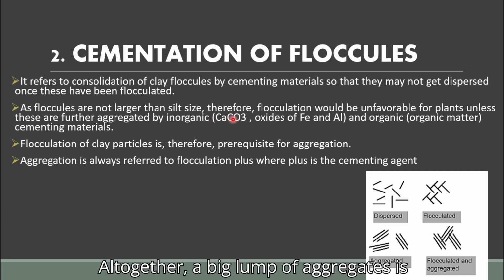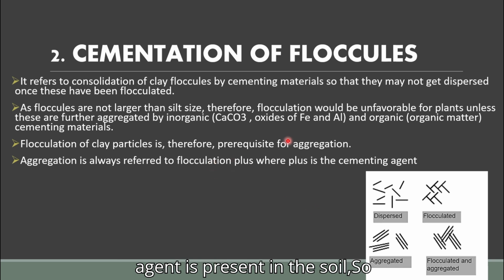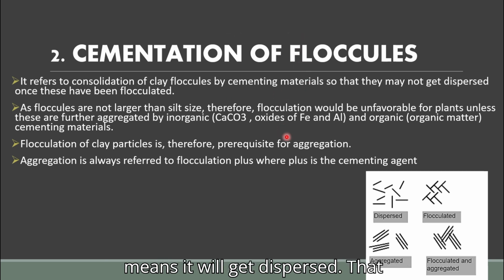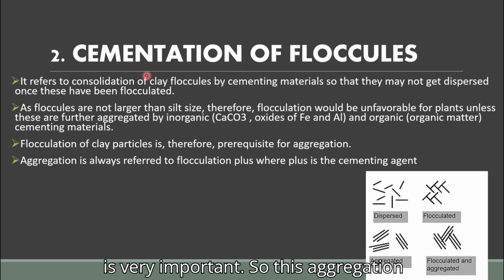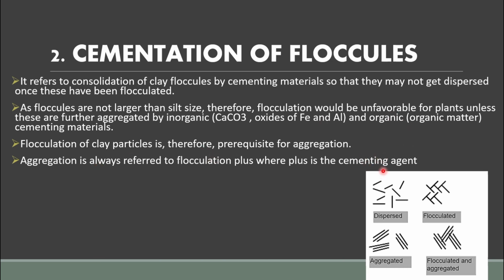Altogether, a big lump of aggregates is formed. If no cementing agent is present in the soil, the formed flocules will be unstable. That means they will get dispersed, and flocule stability will not be there. If dispersion occurs, it will be unfavorable for the plants. So cementation is very important. Aggregation means flocculation plus cementation by cementing agent.